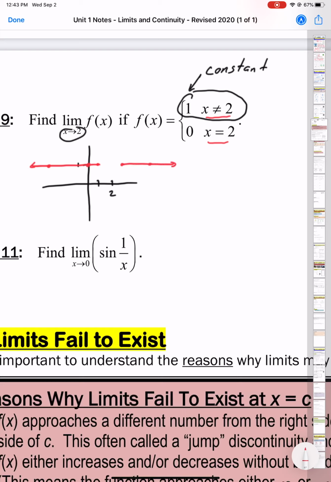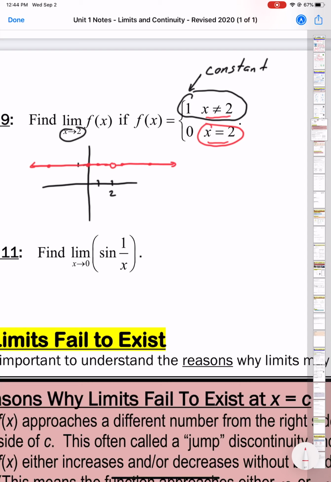And there's going to be a hole in it at 2. Because even all the way up to like 1.9 is still going to be not 2. So its value will be 1. And then even at 2.1, the value of that function is 1. The only place where the value isn't 1 is right here, at exactly x equals 2.